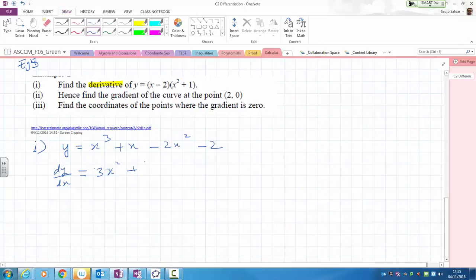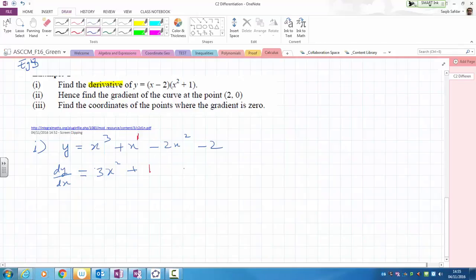Okay, the next one, Hendrik, what would the next one be? X, you bring the power down, take 1 away from the power. What's the power here? 1. You bring that down, take 1 away from the power, x to the naught equals 1, thank you.